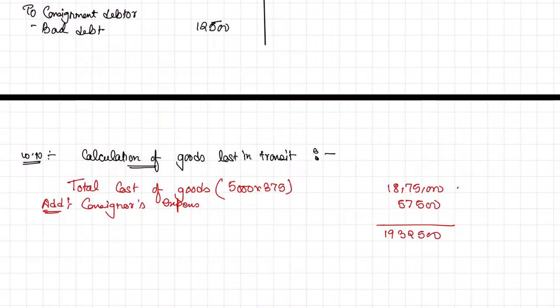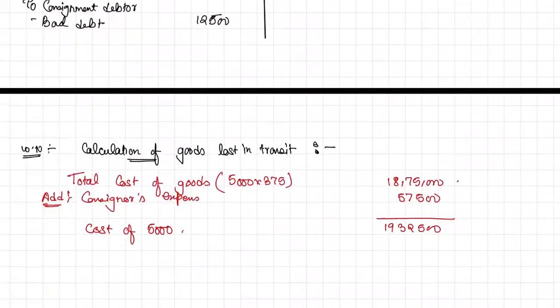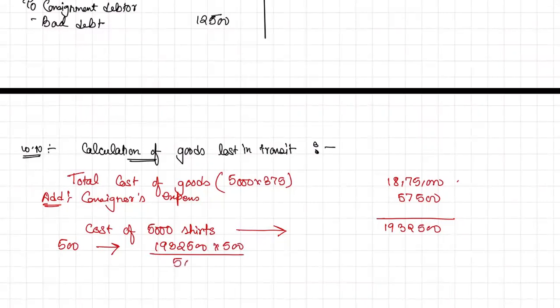हाँ, चलिए, ये क्या है? ये है कॉस्ट ऑफ 5,000 शर्ट्स. जब 5,000 शर्ट्स के कॉस्ट इतने थे, तो जो लॉस्ट हो गए 500 शर्ट, उसका कॉस्ट कितना होगा? 19,32,500 इंटू 500 डिवाइडेड बाई 5,000. मिल जाएगा ना?